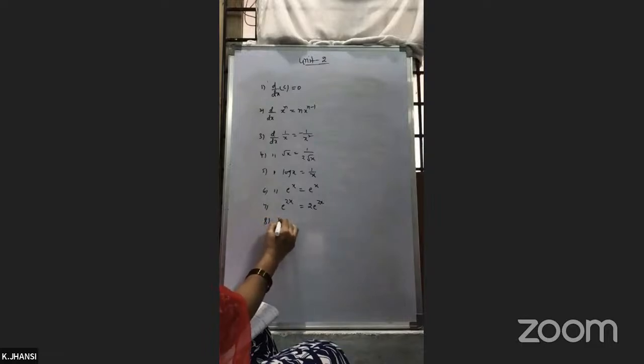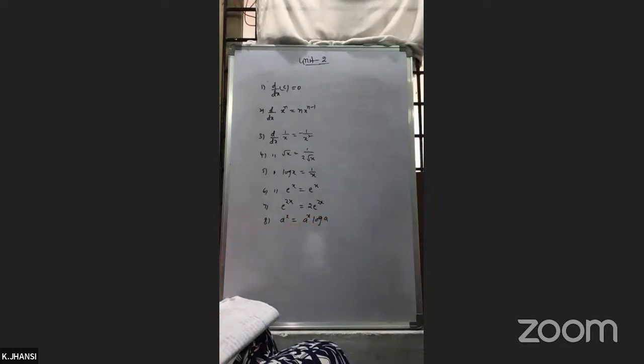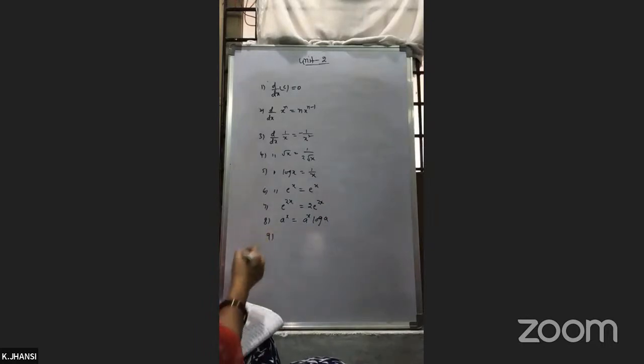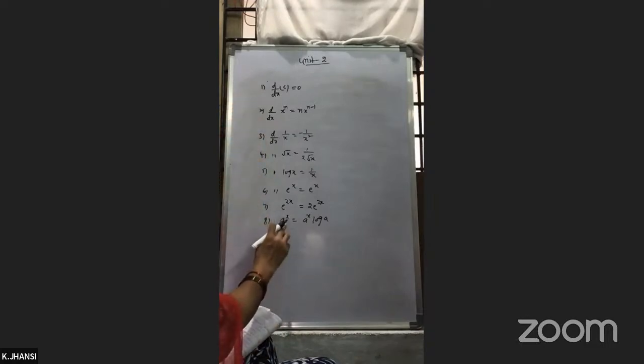Next, a power x: d by dx of a power x is a power x log a. With the help of the first principle of differentiation, you will get all these answers.